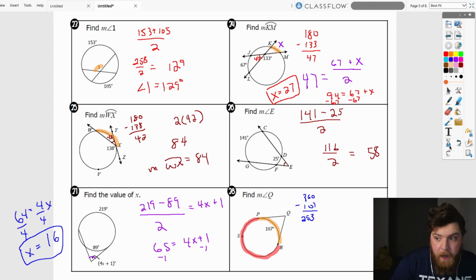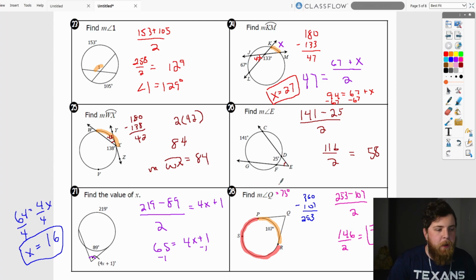Okay, so then I take my bigger arc of 253, subtract 107, and divide it by 2. 253 minus 107 gives me 146. 146 divided by 2 would give me 73. So measure of Q would be 73 degrees.